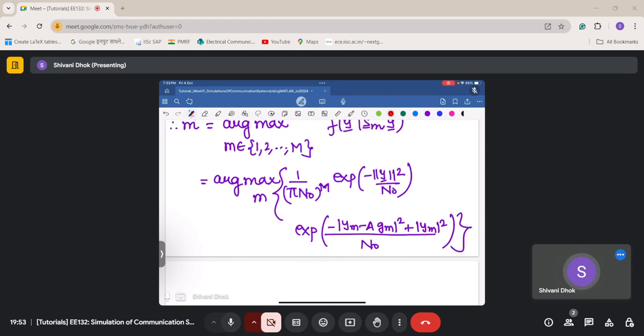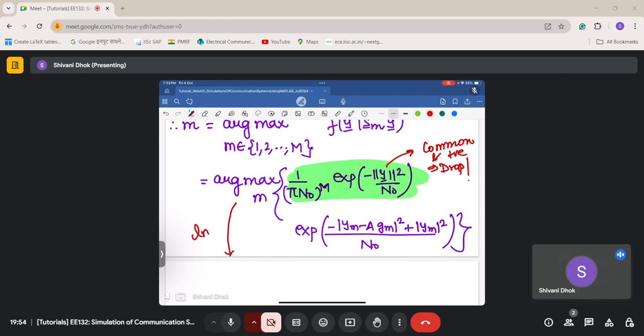Now again this part here is common and positive, which means we can drop it directly without changing the max, and again we can take natural log.